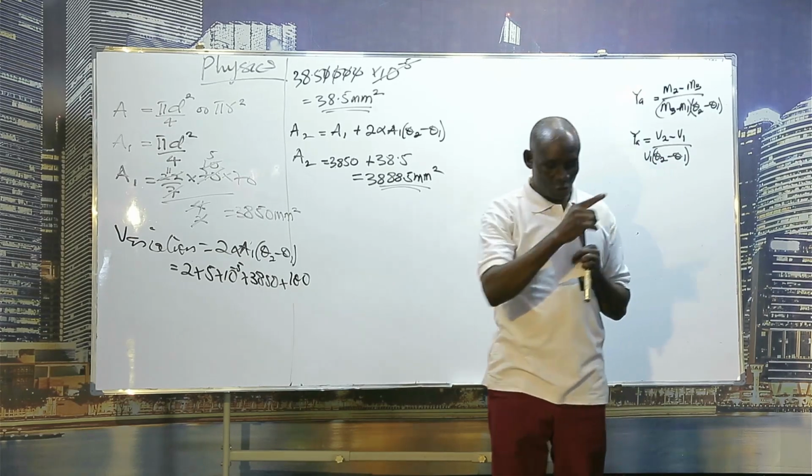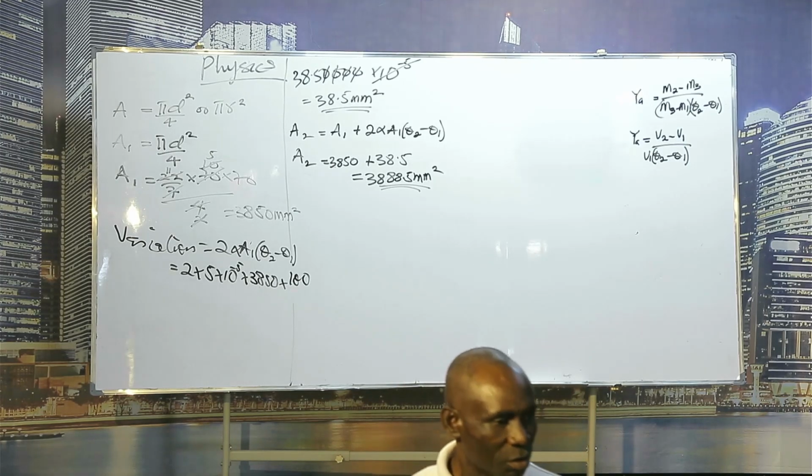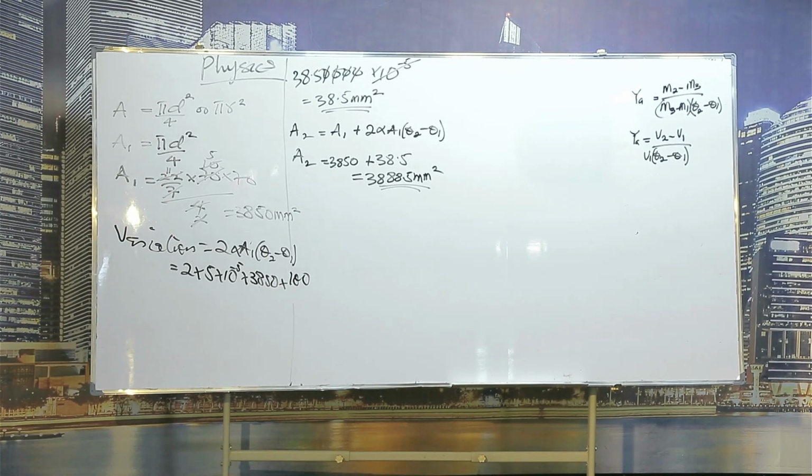So go back and solve the question, and then you can return to me for correction. It's talking about density bottle. That is the amount of liquid expelled by heating.